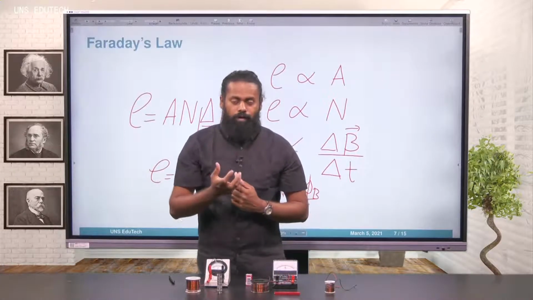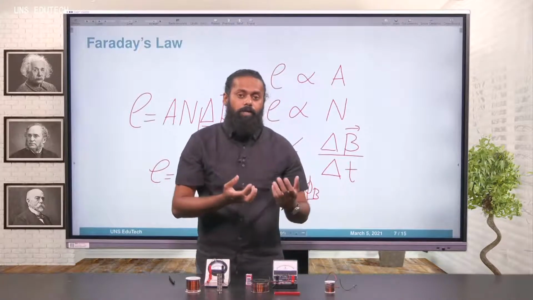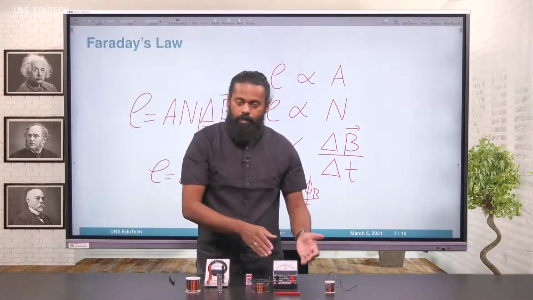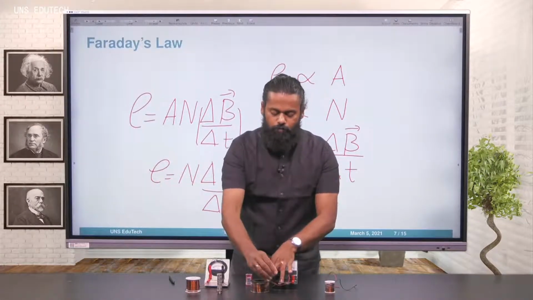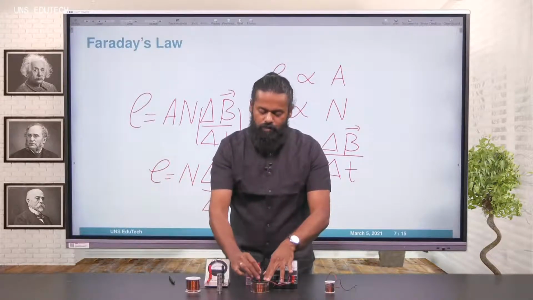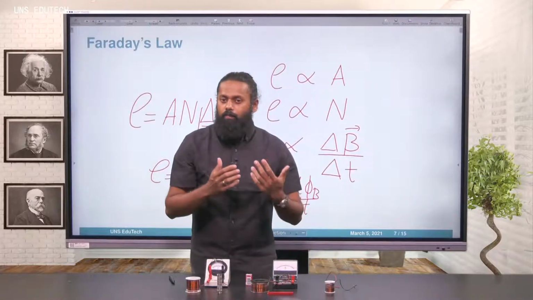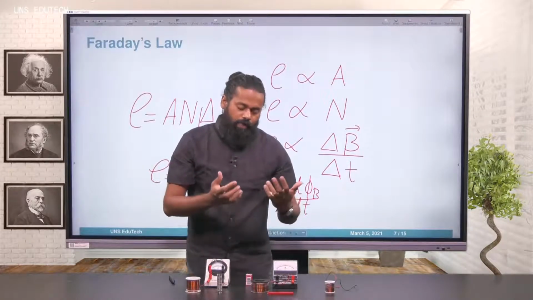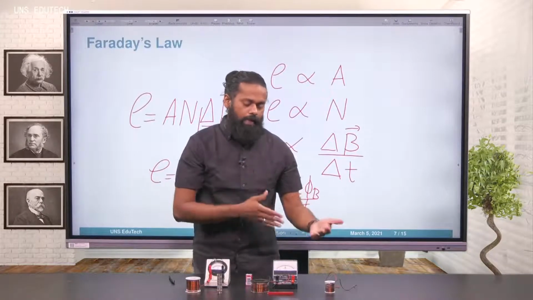That is a very, very important understanding. A generator is a device to convert mechanical energy into electrical energy. So if you are moving this magnet, you have to spend a certain amount of work, for moving this magnet inside this coil. That work is converted to electrical energy.